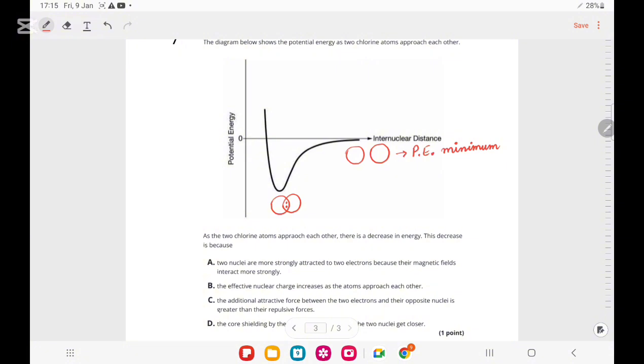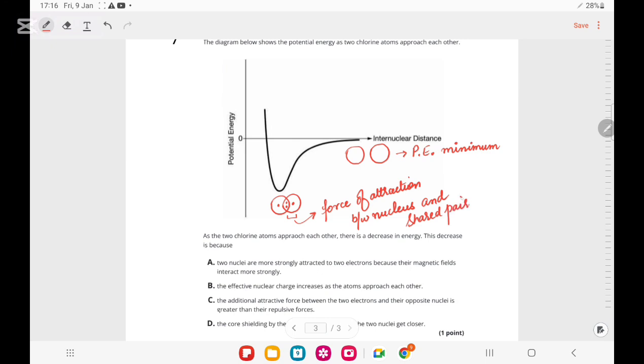This is nucleus, this is nucleus, and here we have the force of attraction between nucleus and shared pair of electrons.